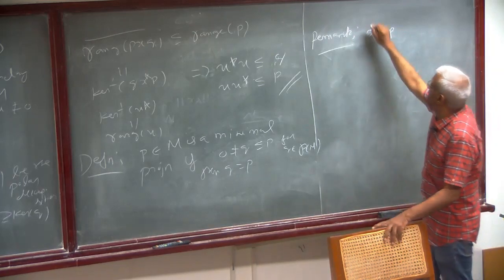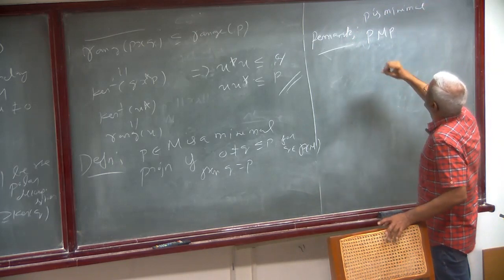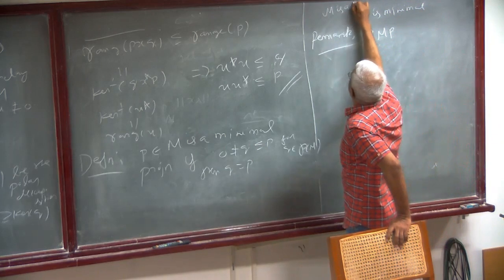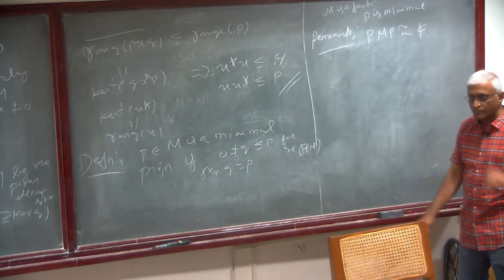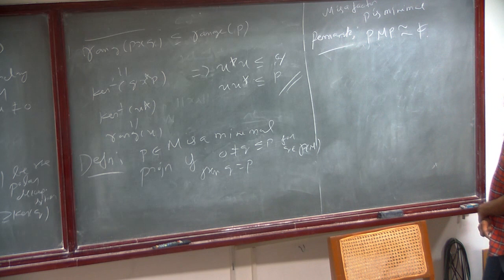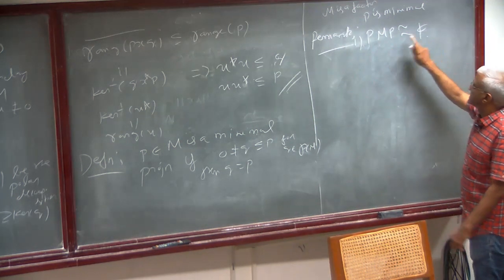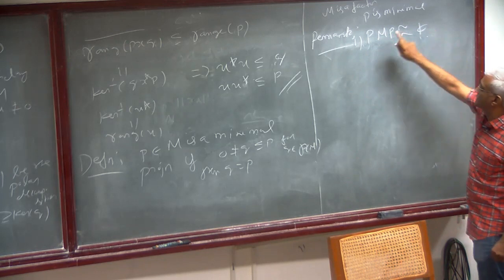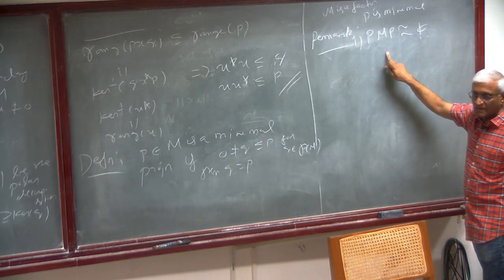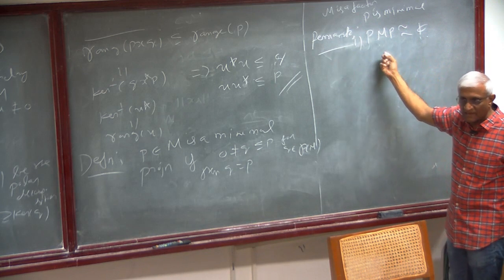If you have PMP, P is minimal, and PM is a factor, then PMP is isomorphic to C. That is clear. If this is not C, it's some non-trivial Von Neumann algebra, then there will exist a projection less than P, which is the identity in this. And that is not possible. So it's clearly PMP is C, right?